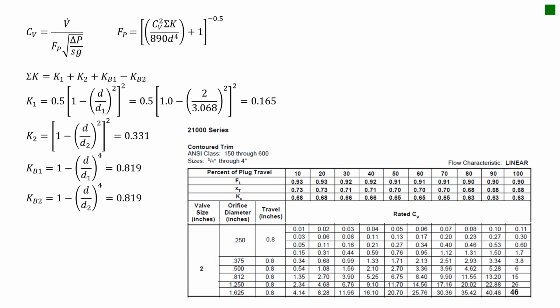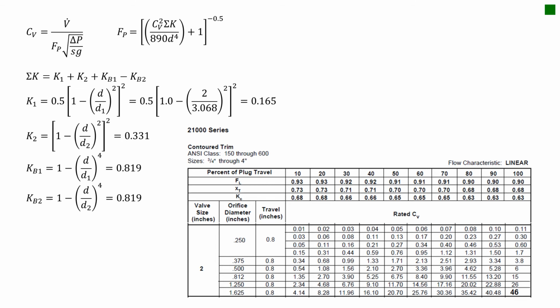So the first thing I'm going to do is just make an estimate. I'm going to say that my valve diameter, the throat diameter, is 2 inches. This way I can calculate what my values of K1, K2, KB1, and KB2 are using those values.